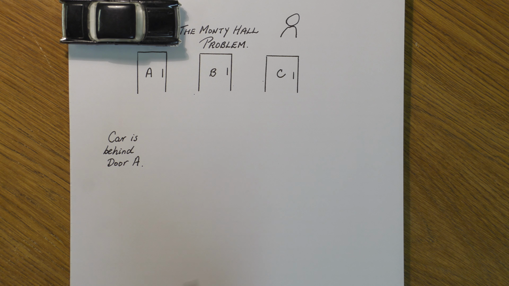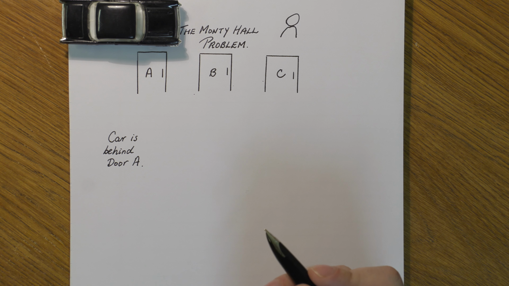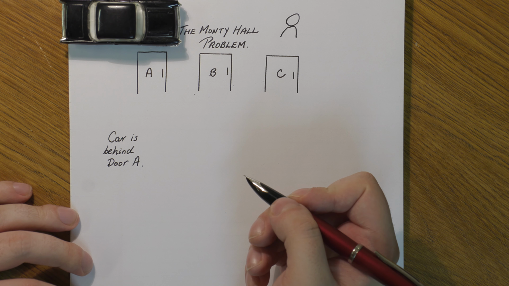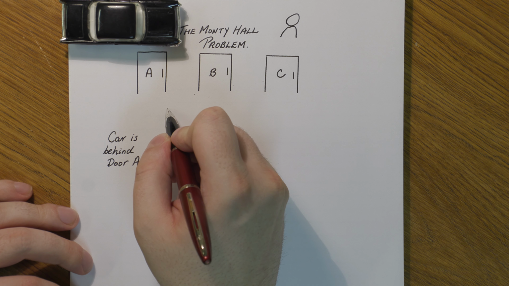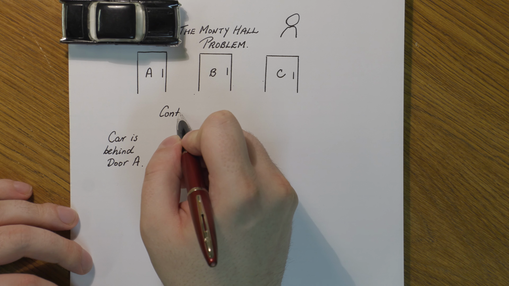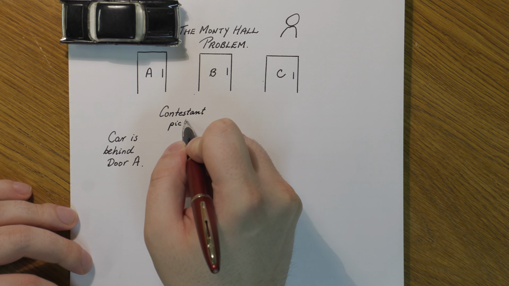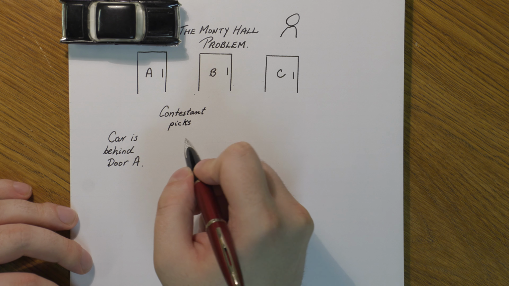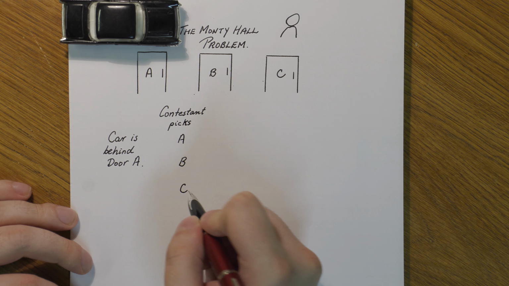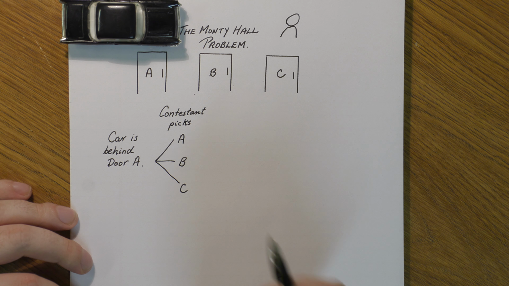Let's just, without loss of generality, assume that the car is behind door A. The contestant doesn't know this, but we can actually do this using a probability tree. So the contestant picks either door A, door B, or door C. So we have these three outcomes.